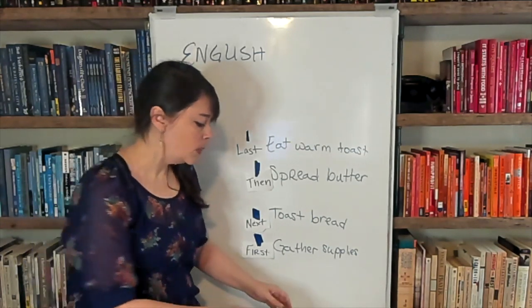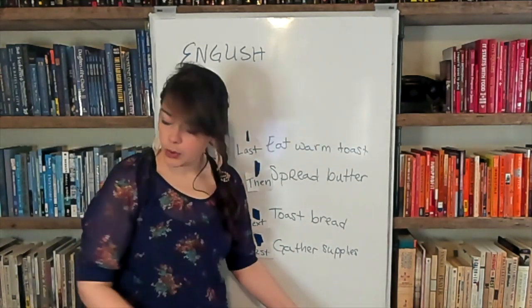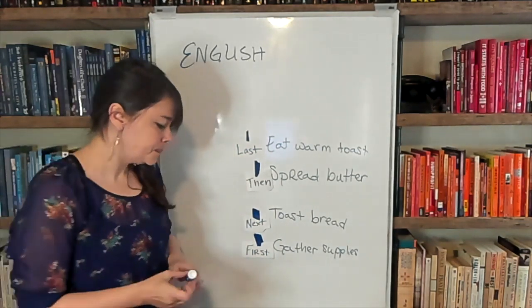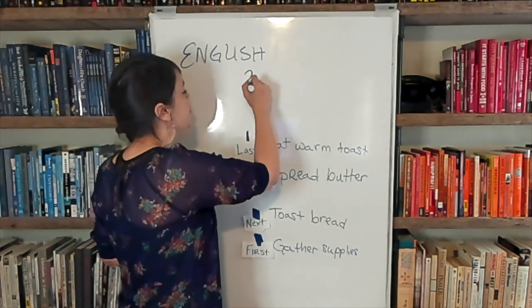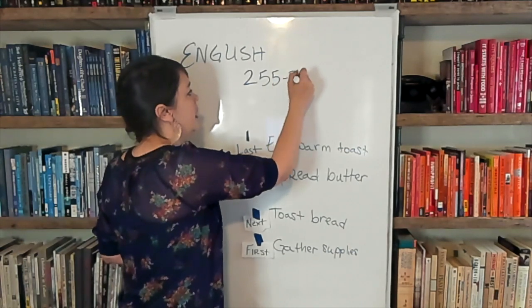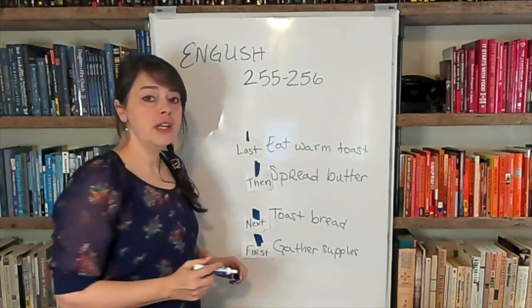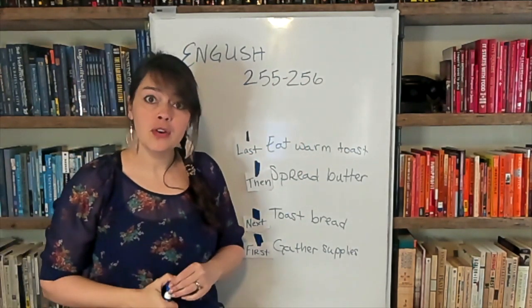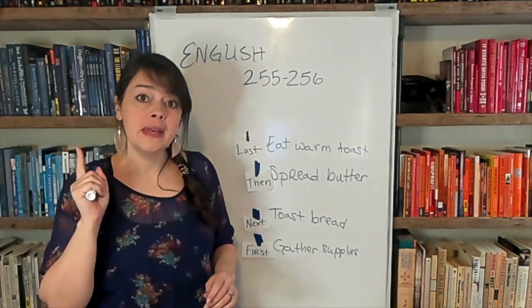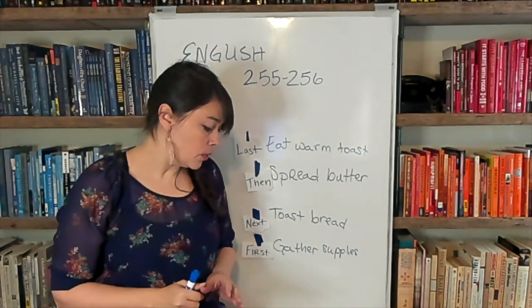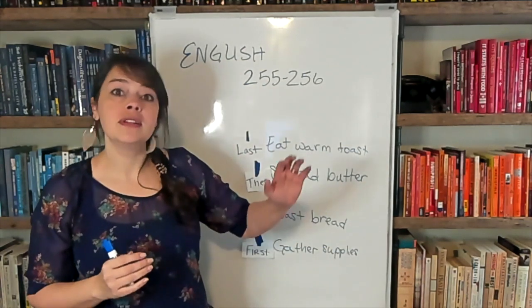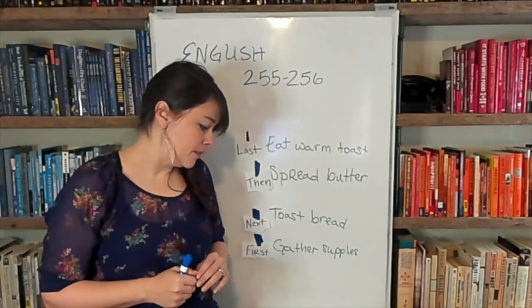When we look at a paragraph in your workbook today, your worksheet is page 255, 256. You're going to get to read a paragraph that gives instructions, and you're going to be watching for the time order words in each blank, ones that you found in the paragraph.